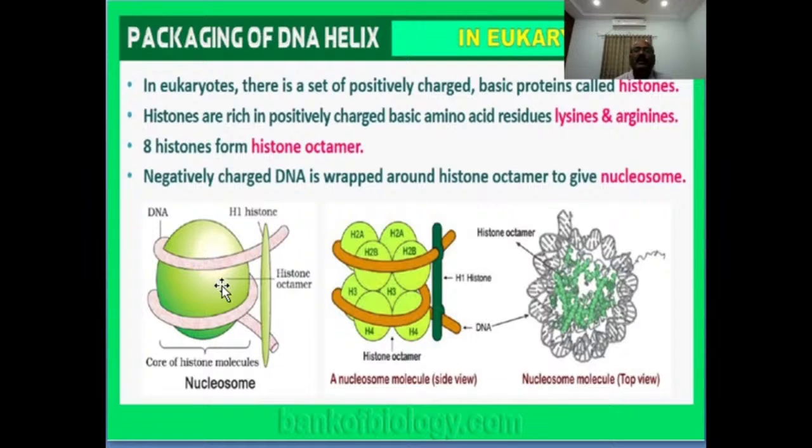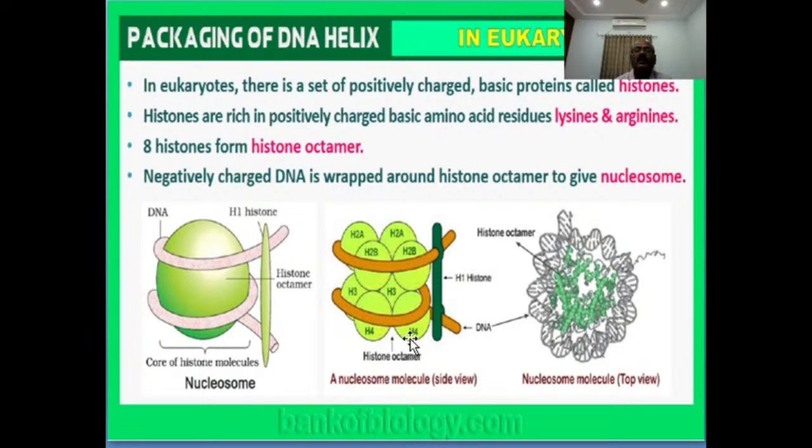In this nucleosome, the histone core is there. In this histone core, 8 histones are there: H2A, H2B, H3, H4. 4 types of histones are there. In the histone core, 2 H2As, 2 H2Bs, 2 H3s, 2 H4s.